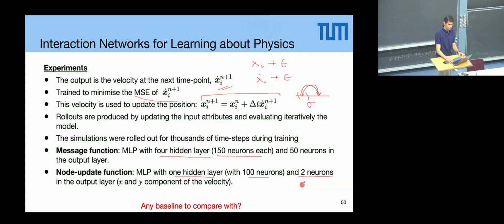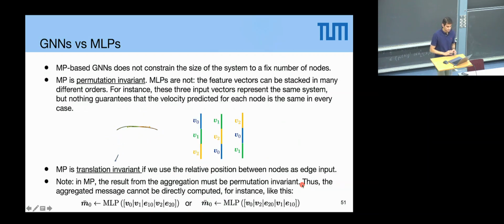The other alternative is using an MLP. One of the problems with using MLPs is that they constrain the number of inputs. So if we train our model for the n-body problem where n is equal to 3, so we have 3 planets or 3 bodies, and we have this kind of input vector where we have, let's say, the location of the node, the velocity, and the mass, and the same for the other nodes.